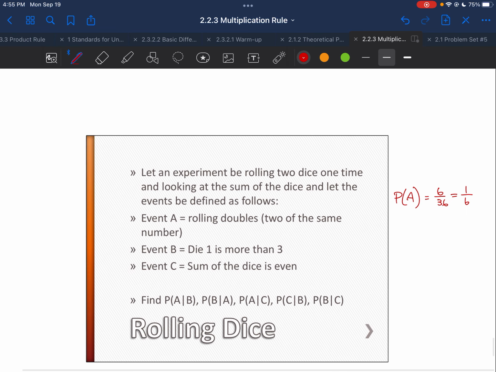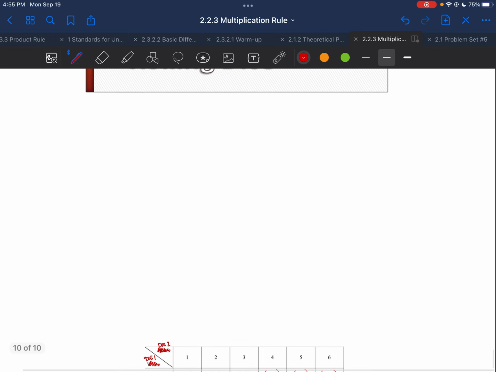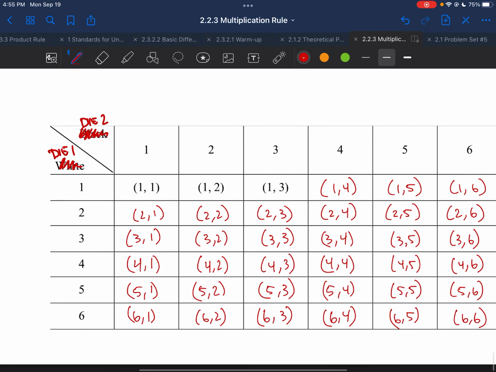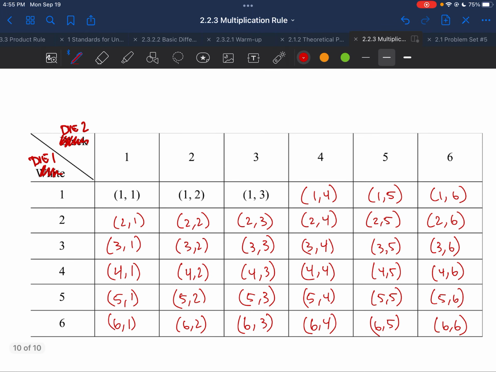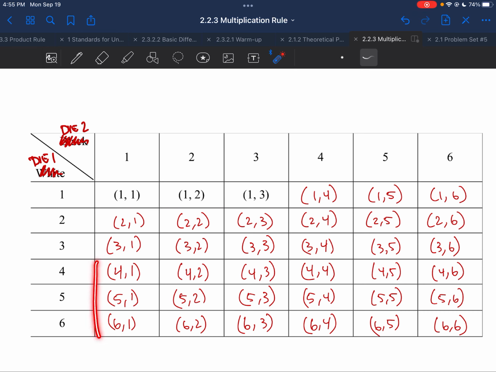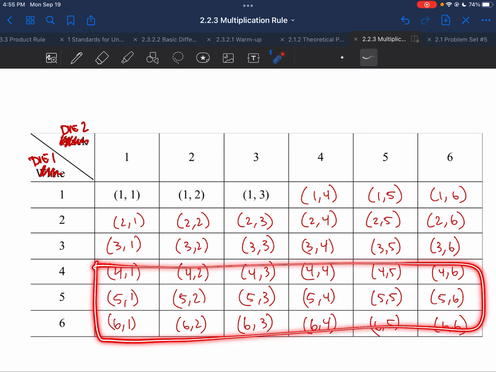Let's also find the probability of B. So that's the first die has a value that's greater than 3. So that would be all of the values here, because die 1 has a value greater than 3: 4, 5, and 6.